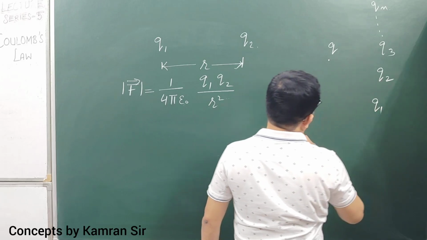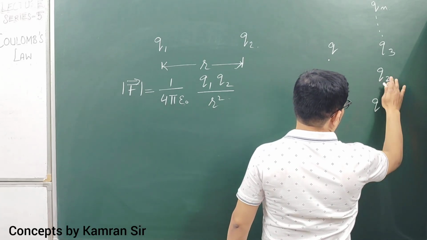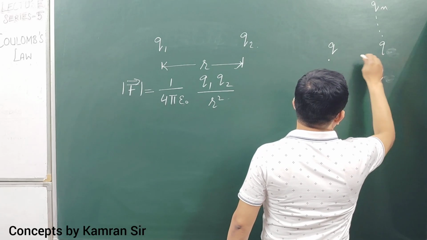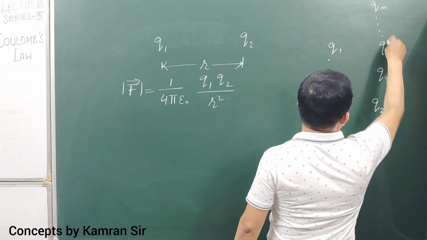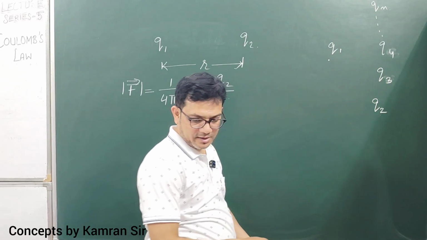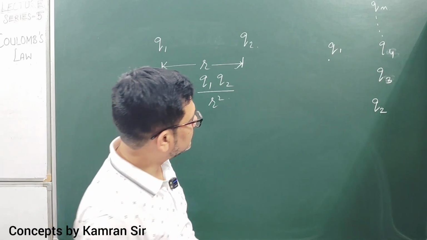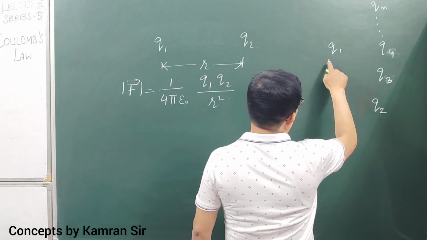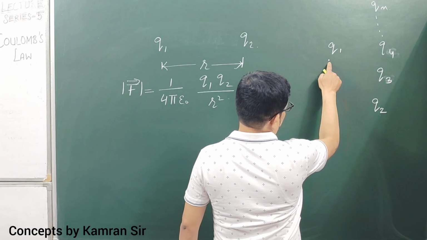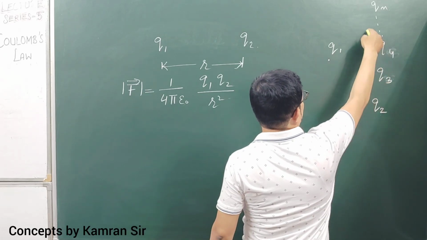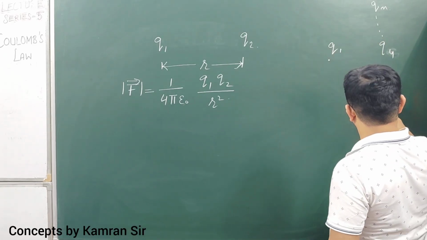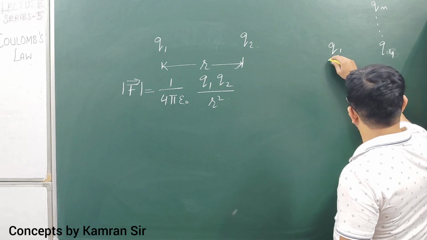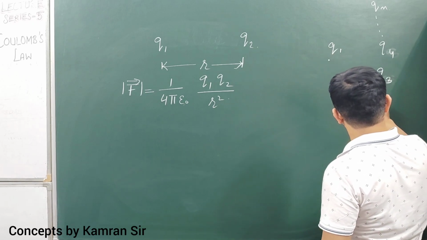If we label it in this way, Q1, Q2, Q3, Q4, and it goes to Qn, we want to know the resultant force on charge 1 because of all these charges. We know that force is a vector quantity.